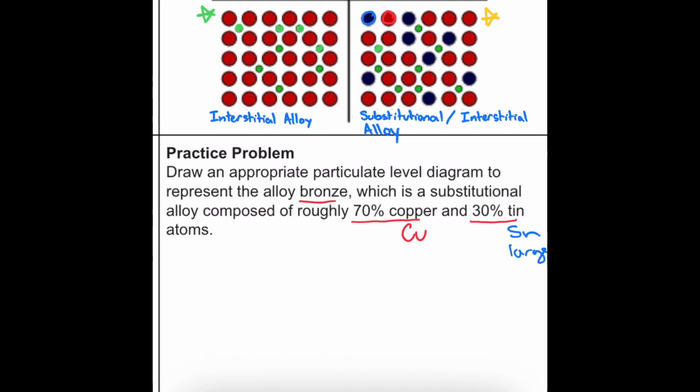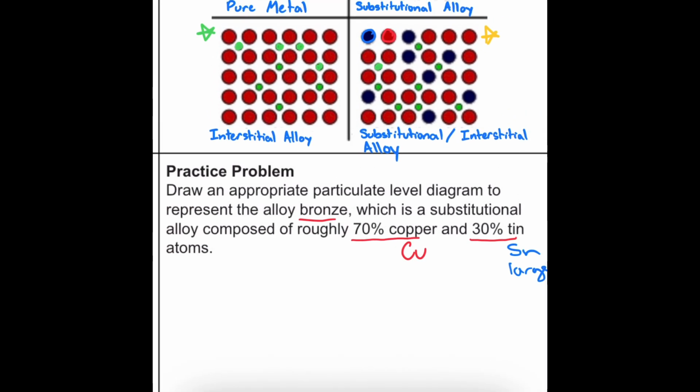Okay? So once again, I'm going to make a 3x3 grid, or you could choose to even make a 3x4 grid of these copper and tin atoms, keeping in mind that the problem tells us that copper should be most of this thing. All right, so that one's going to be copper, that one's going to be copper, that one's going to be copper. Then we're going to make just a slightly bigger tin.